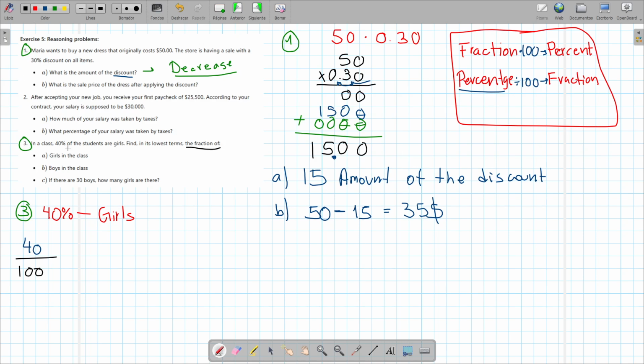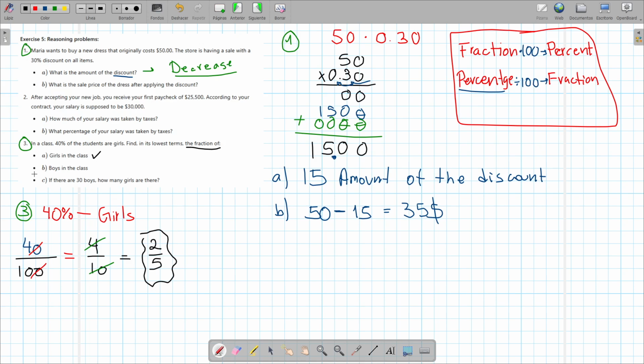Let's try to divide by 10, and by 10 you can do it. Now we have 4 over 10. Can we continue simplifying? Yes, the half and the half. The half of 4 is going to be 2, the half of 10 is going to be 5. So we have 2 and 5. So the answer will be 2 over 5.